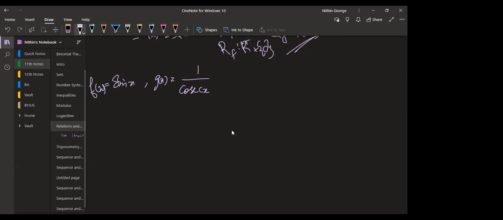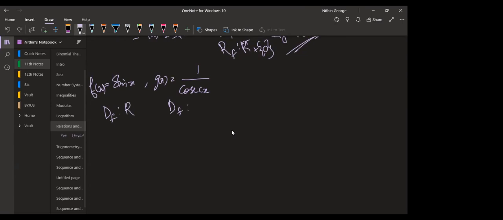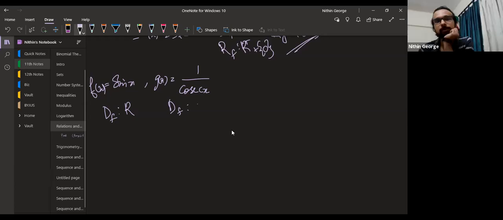Why? The domain is a set of all real numbers. The domain here will be the same, the set of all real numbers.